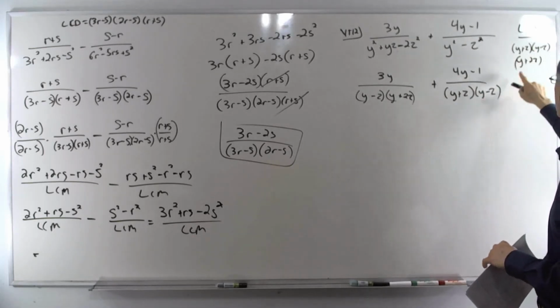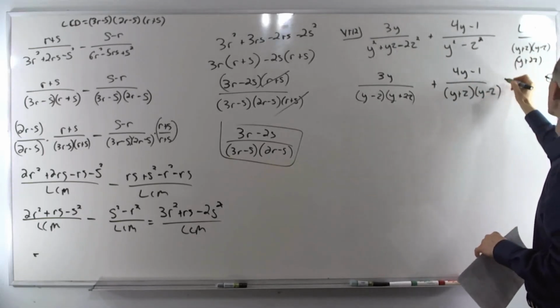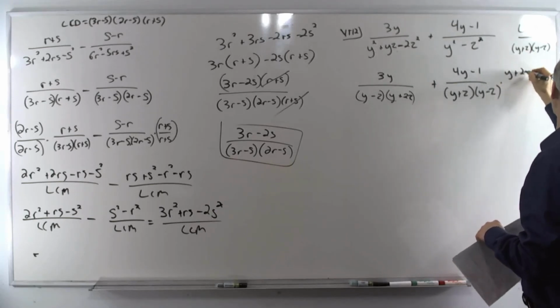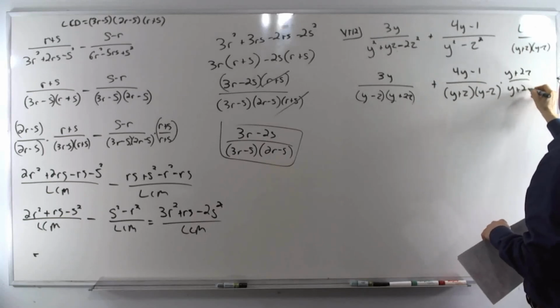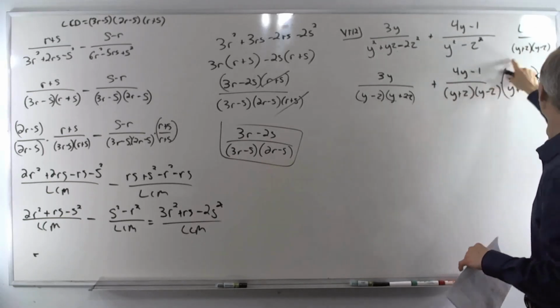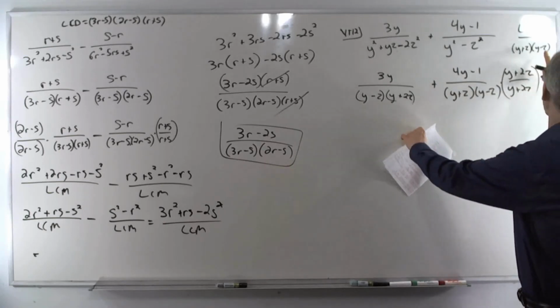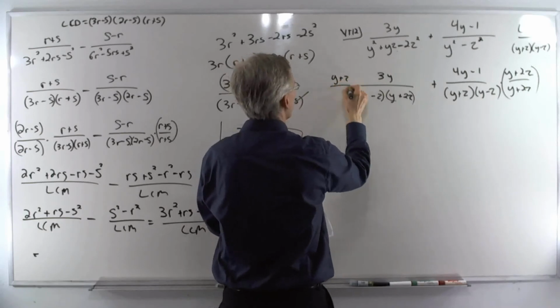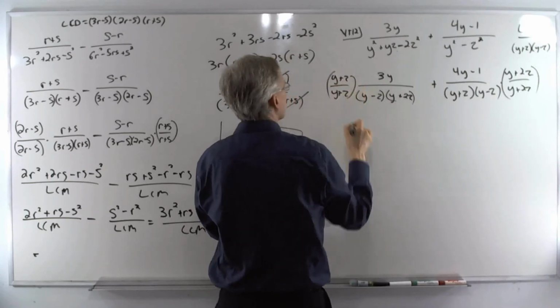So this one is missing the y plus 2z. So multiply this fraction by y plus 2z over y plus 2z. And this one, all right, we got the y plus 2z, we got the y minus z, we need y plus z over here. So y plus z over y plus z.